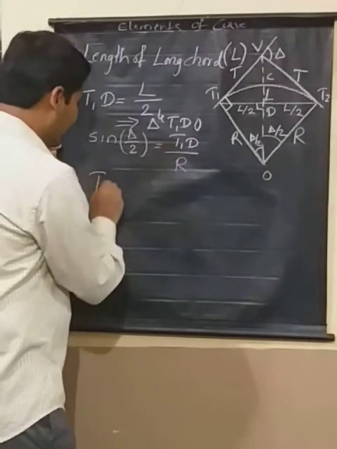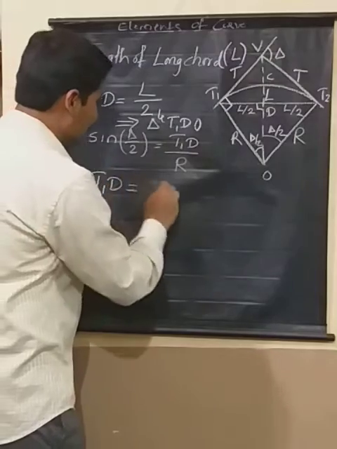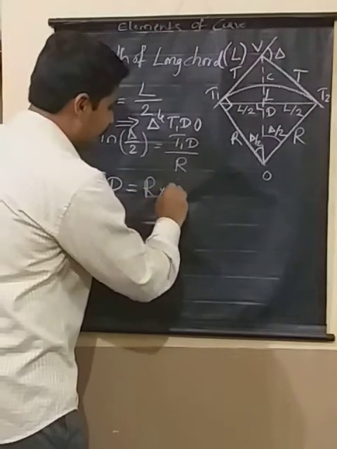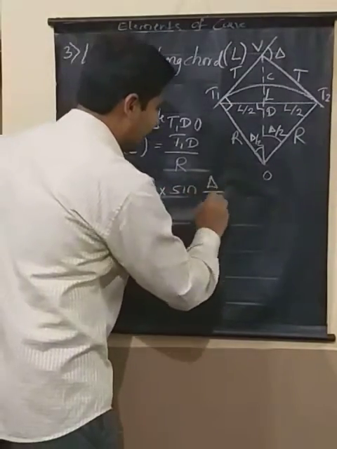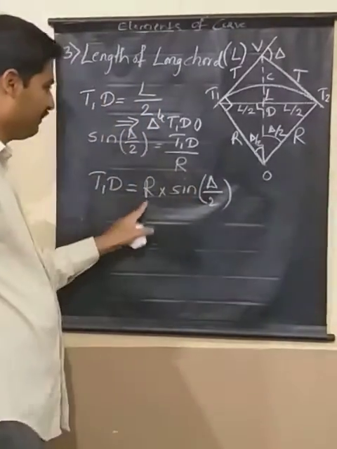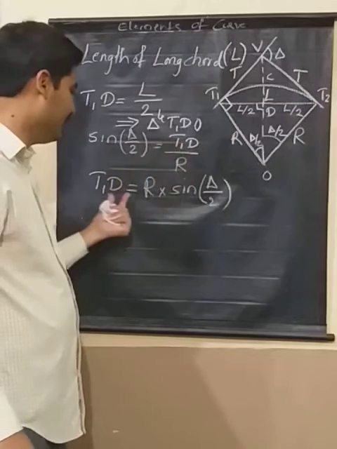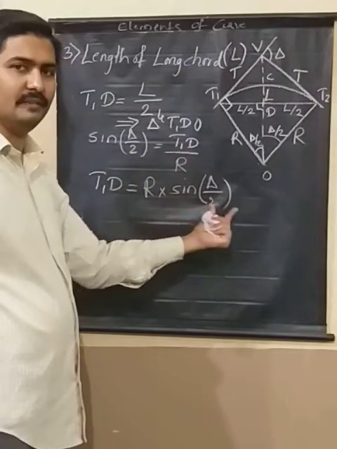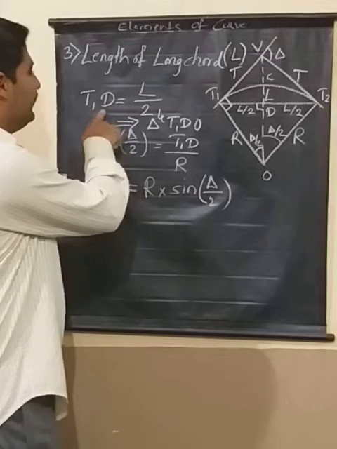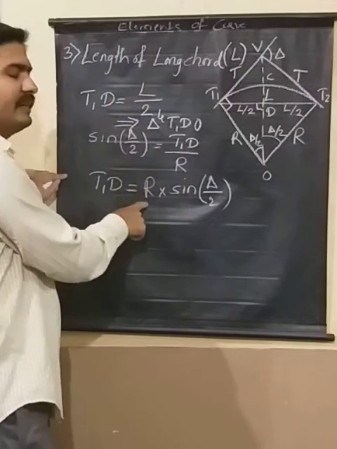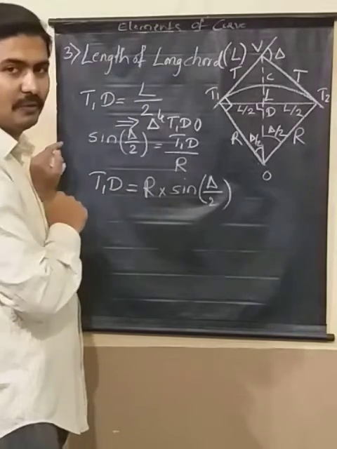So T1D is equal to R sine delta by 2. Substitute, I mean send this R to the other side, and you will get T1D is R sine delta by 2. Now I got T1D, so this is exactly half of the length of the total long chord.